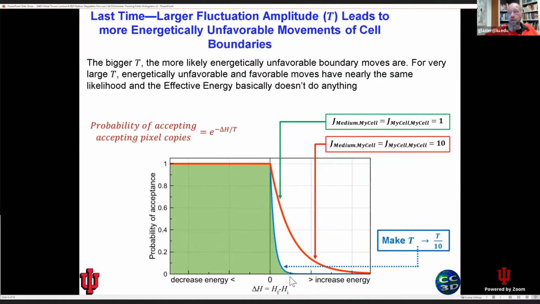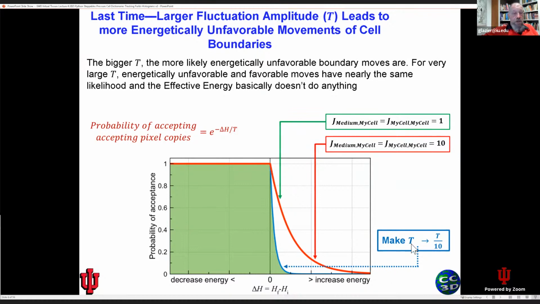If your fluctuation amplitude is small, that would be something like this blue curve here, the probability of acceptance is only effectively non-zero for energy changes that are only a little bit against you.